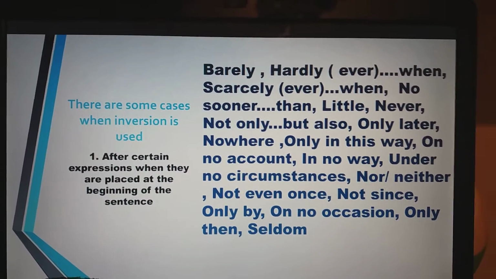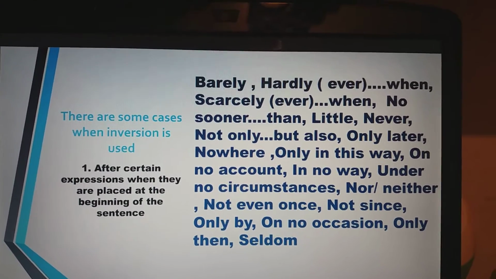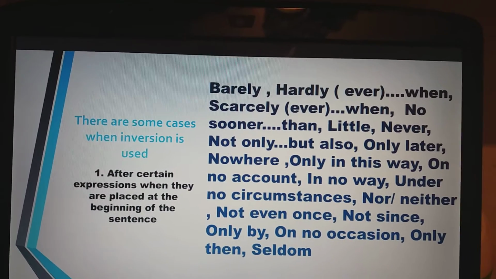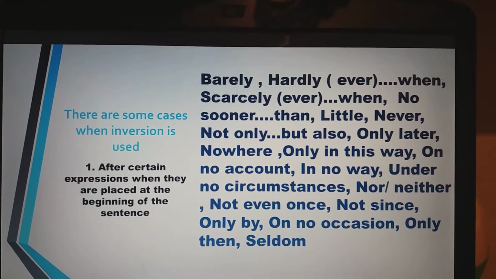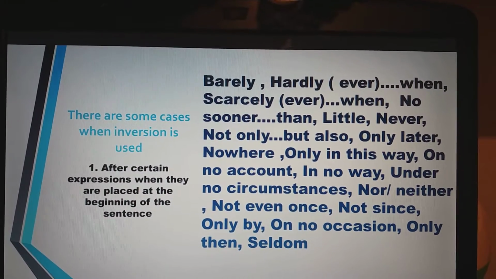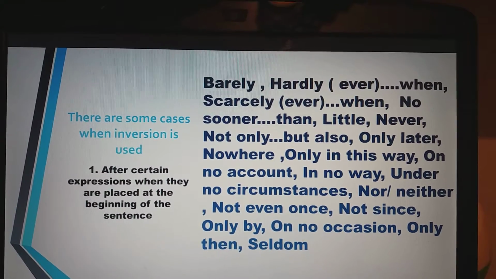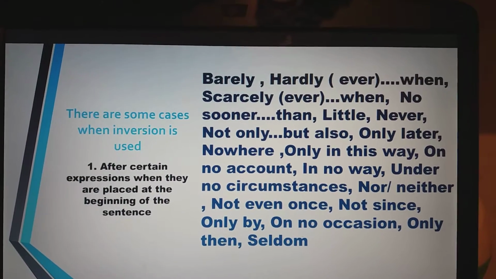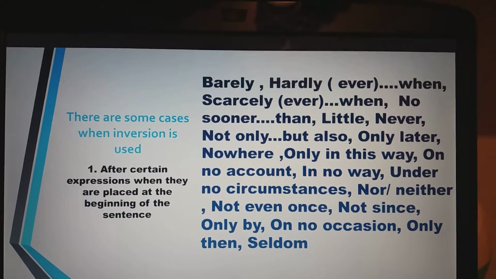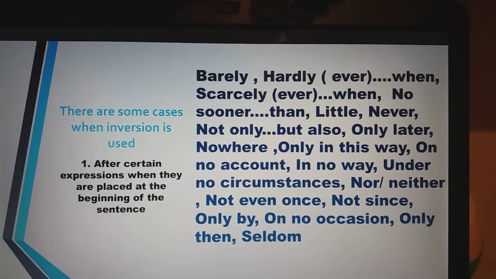There are some cases when inversion is used. Here we have some expressions such as barely, hardly ever when, scarcely ever when, no sooner than, little, never, not only but also, only later, nowhere, only in this way, on no account, in no way, under no circumstances, nor, neither, not even once, not since, only by, on no occasion, only then, and seldom.